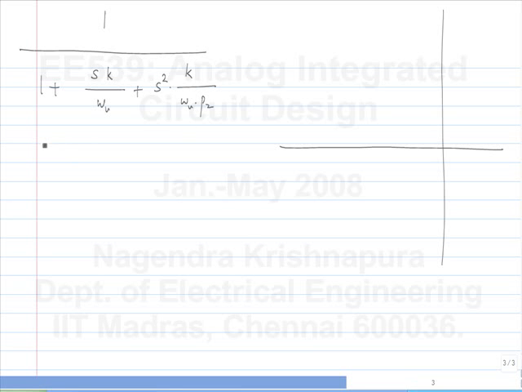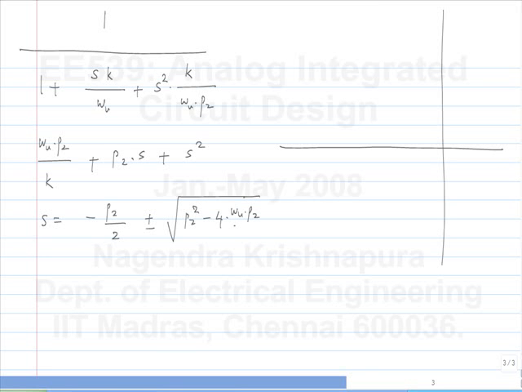Maybe you should write it like this, the whole thing divided by 2, right?